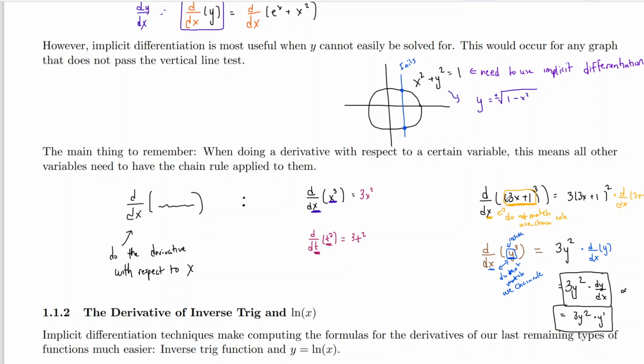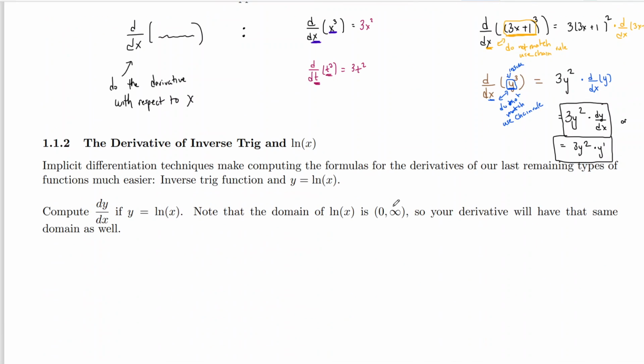When you think about doing the derivative, if the inside of whatever it is doesn't match exactly, so it can be a different format with x, it can be a completely different letter with y, you have to do the chain rule. And general rule of thumb, usually we use y's and x's, but we can definitely switch up the letters. We can use t instead of x, we can use z or w instead of y, and just a whole bunch of different combinations. That's why it's very important to write this d over dt, d over dx, whichever one you're doing, and make it easier on yourself to read.